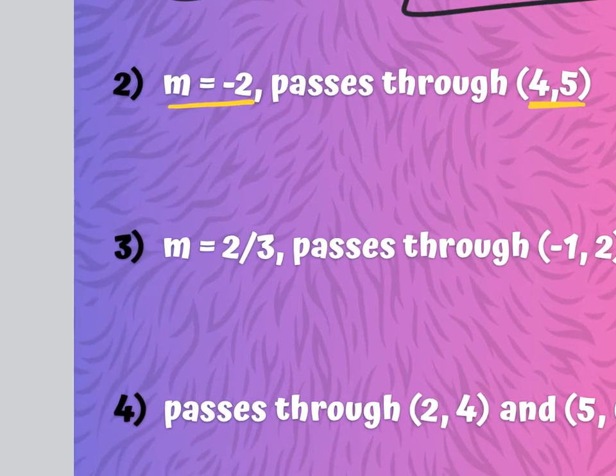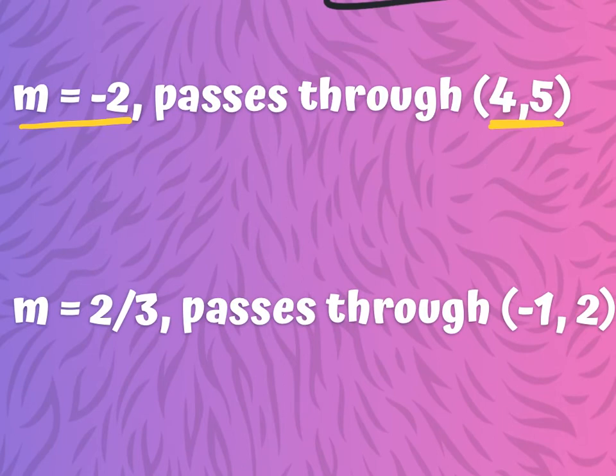So option 1 was point slope. I'm going to take this as my x1 and this is my y1, and I'm plugging it into y minus y1 equals m times x minus x1. So y stays as y, minus 5 equals m is negative 2, x stays as x, x1 is 4.